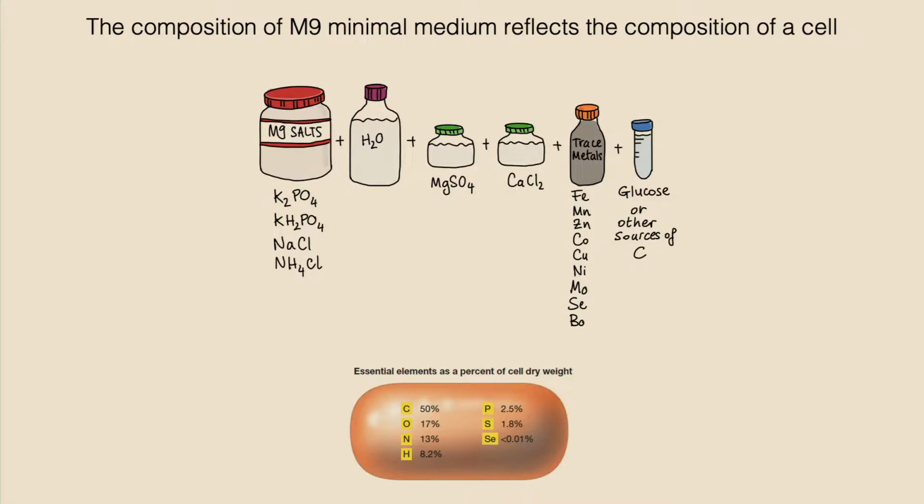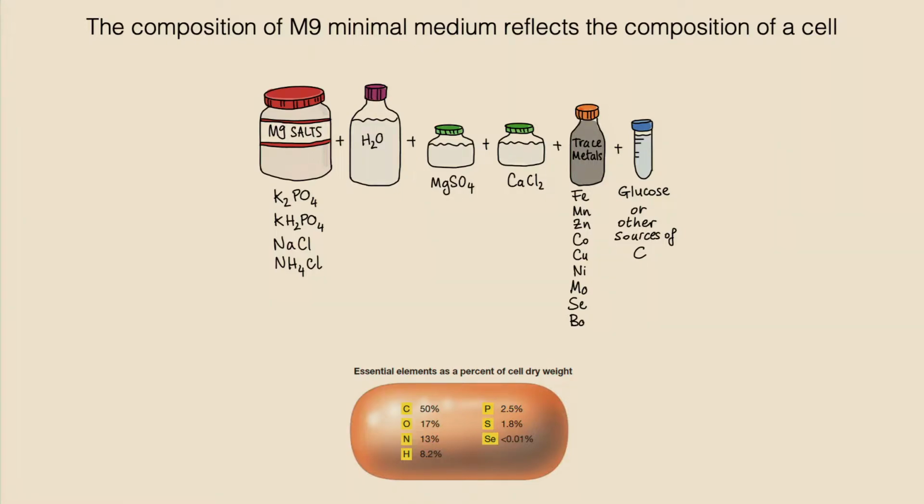I would say that sometimes bugs grow even without carbon or with a very low concentration of carbon, but this is a different story. Then we can also look at the percentage of these elements. You see that carbon is what constitutes the majority of the cell, 50%. Oxygen, nitrogen is actually 13%.